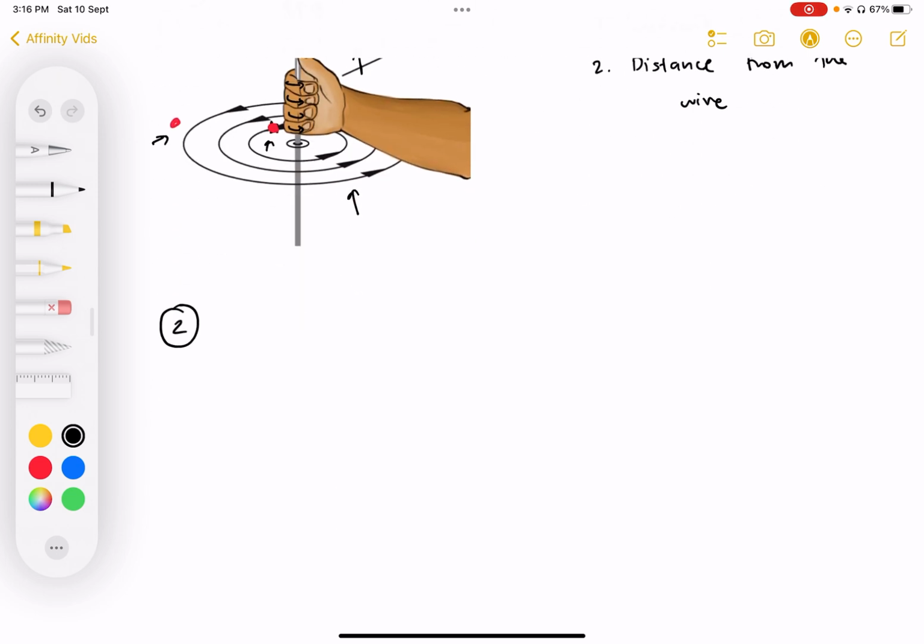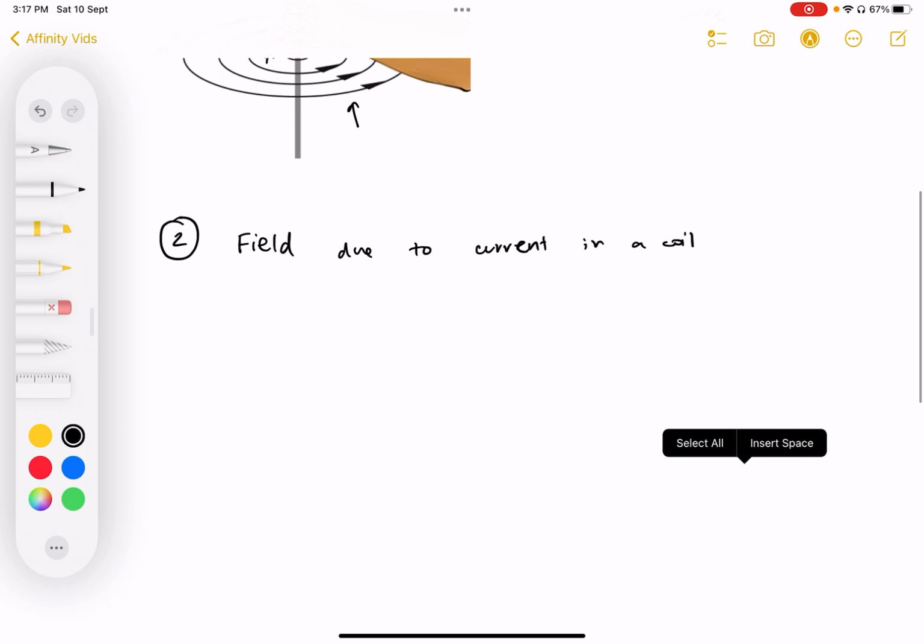The next situation where we can use the right hand grip rule is when there's a field due to current in a coil. So this is going to look a little bit different. When we have a current in a coil, it's going to produce a magnetic field around it.